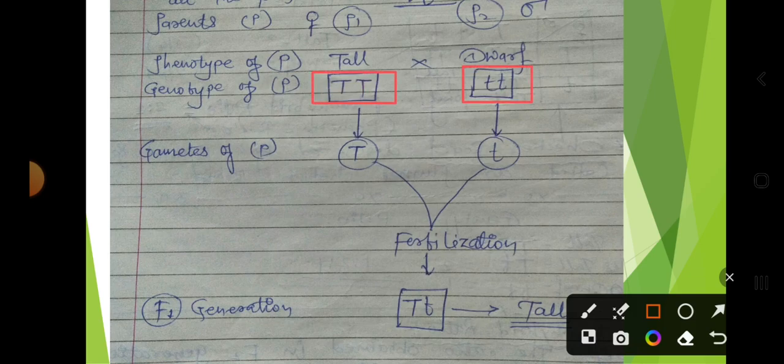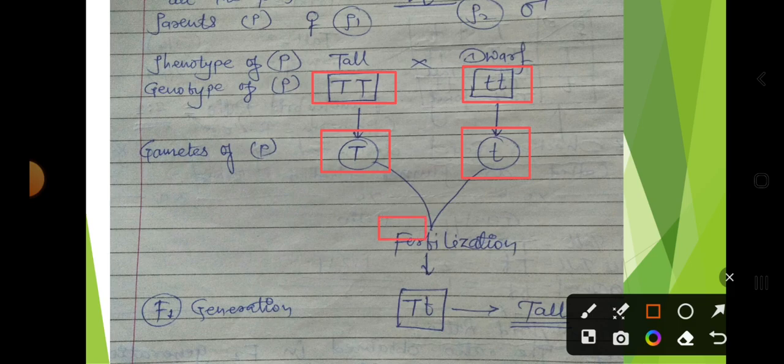Then from the gametes of the tall plant, one capital T is involved in the fusion and fertilization process, and from the dwarf plant one small t gamete takes part in the fusion process and fertilizes to form the next plant.